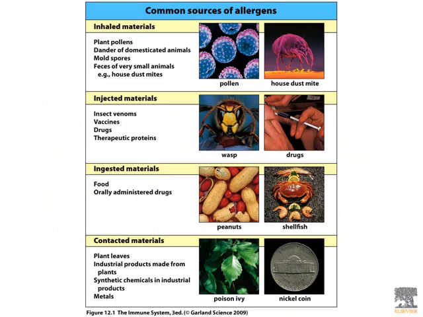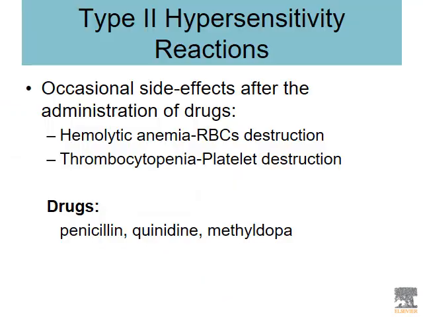I'm going to go quickly because we already spent time. So type 2 hypersensitivity reaction, that's the important thing that you want to take from this part. The important thing is the occasional side effects of drugs: hemolytic anemia, where your red blood cells are destroyed, and thrombocytopenia, where your platelets are destroyed.